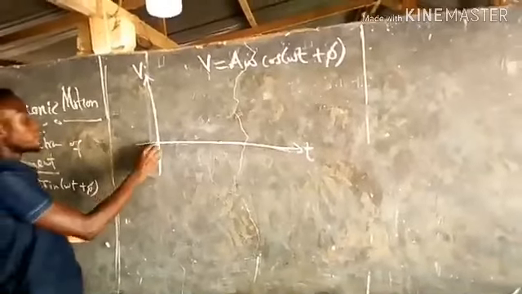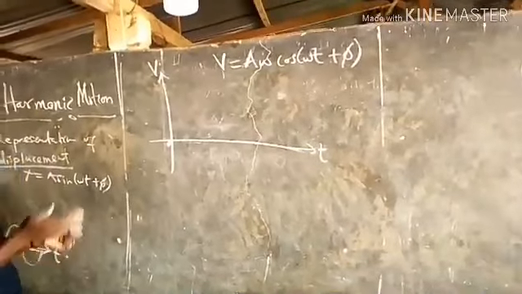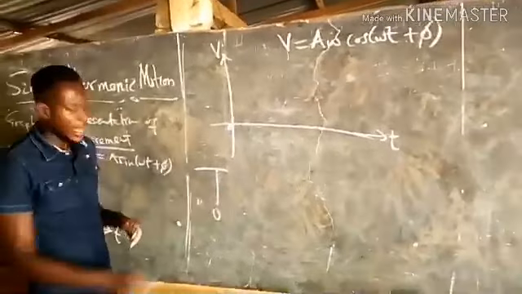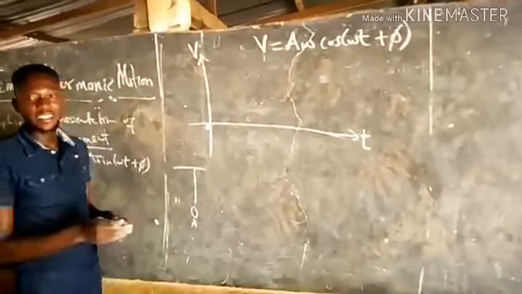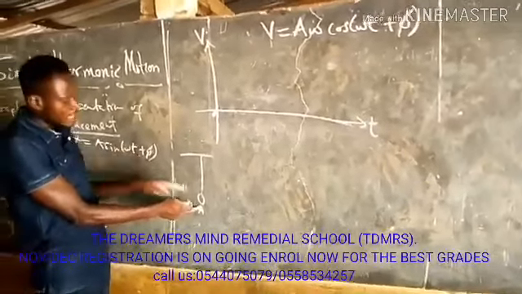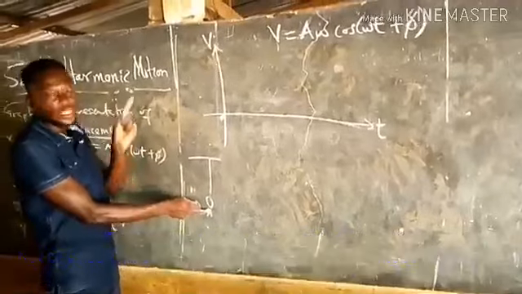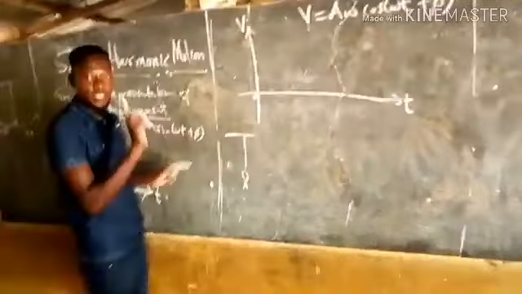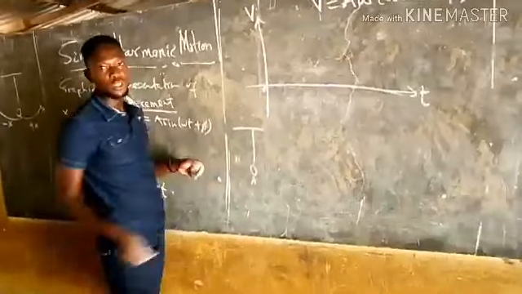But the question is, are you going to start from the mean position as we did for the displacement? If you take the simple pendulum ball, at this mean position, the body hasn't been displaced, so it hasn't covered any displacement. So at the mean position, its displacement is 0. That's why we started from 0. But we can't say that the velocity is 0 at the mean position.